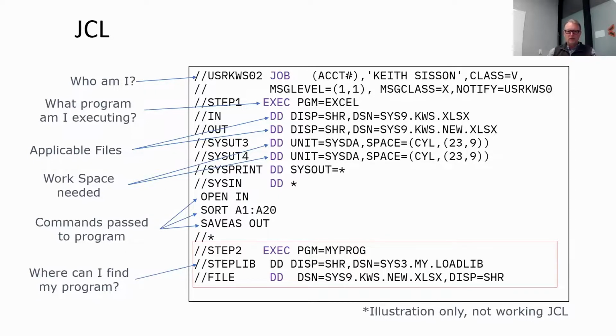When you include a STEPLIB card, what you're saying is the program, my program here, is located in SYS3.MY.LOADLIB. It's another way of identifying where I want to load my program from into my address space so that it'll execute.